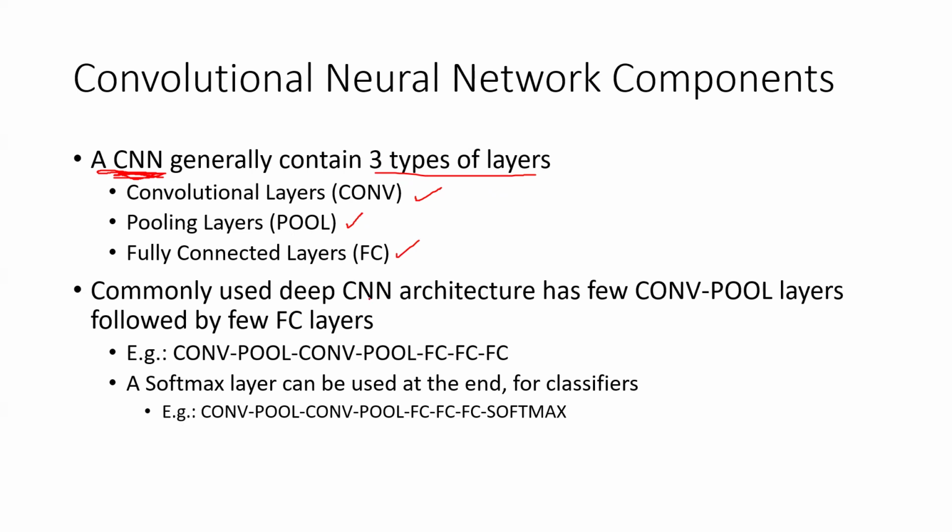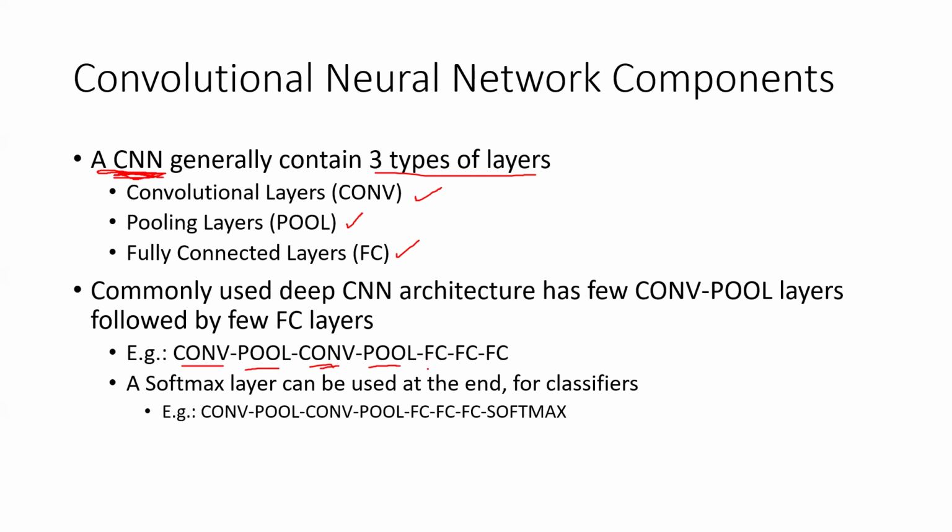In most architectures, and there are well-known convolutional neural network architectures which we will learn in the next lesson, we follow the layers in the following manner. We have several convolutional layers and pooling layers one after the other: convolutional layer, pooling layer, convolutional layer, pooling layer, and so on.